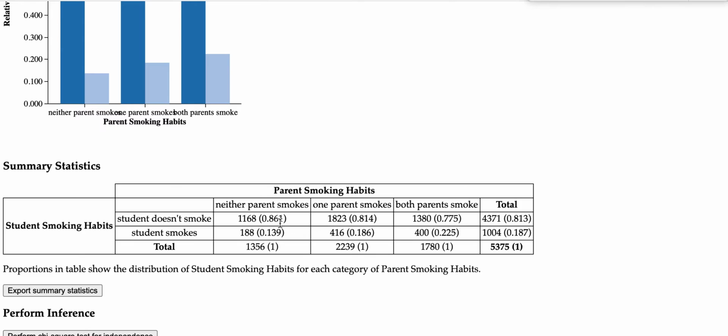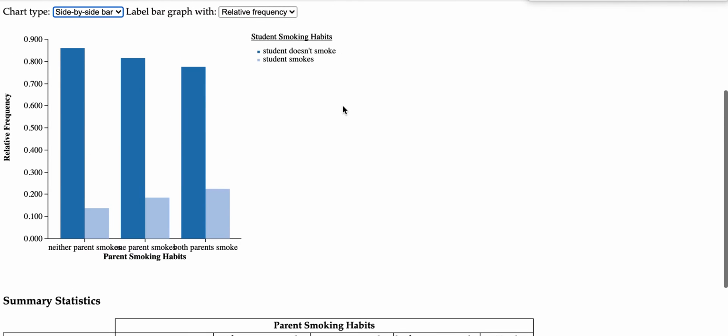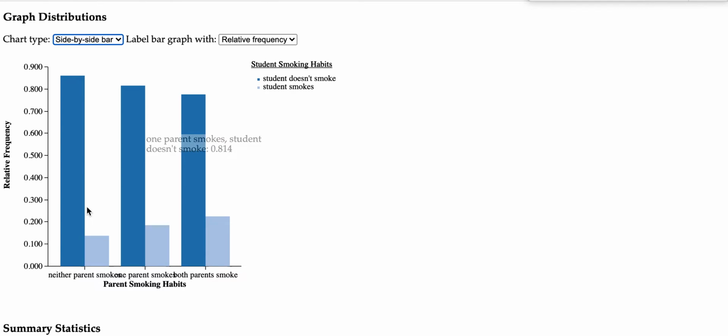When the parents don't smoke, about 86% also don't smoke, but when both parents smoke, the percentage of students that don't smoke goes down to about 77.5%. Okay, so it's shown here. So it is pretty clear that it's not a huge relationship, but there is a slight relationship or association between the two conditional distributions, or the two categorical variables, I should say.